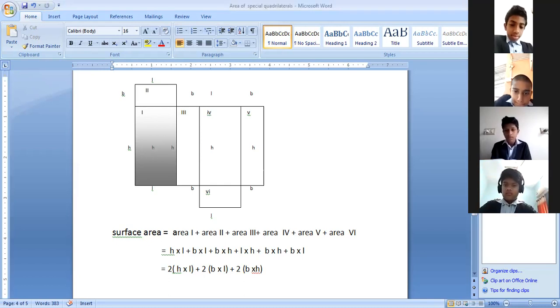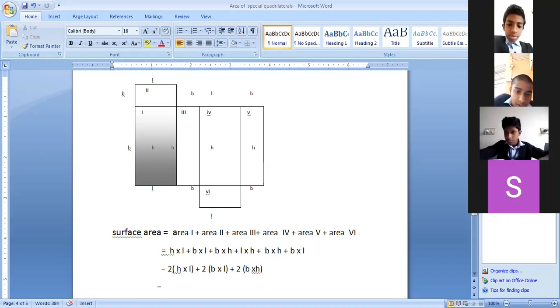That is also clear. Can we take any common value? Is there any common value in all the terms? No. Look carefully. There is one.